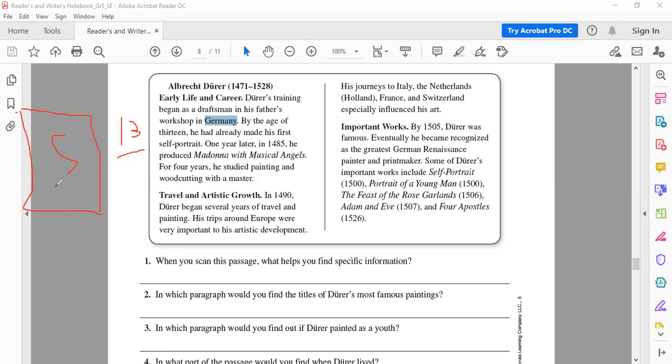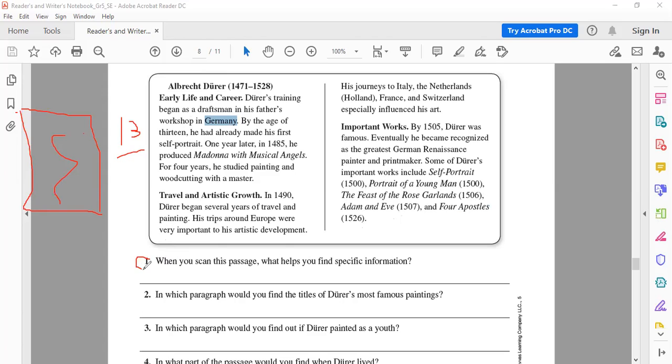And then after that, he had so many works and he traveled around the world until he had very famous work like Portrait of a Young Man, The Feast of the Rose Garland, Adam and Eve, and the Four Apostles. So this is the passage about this person.